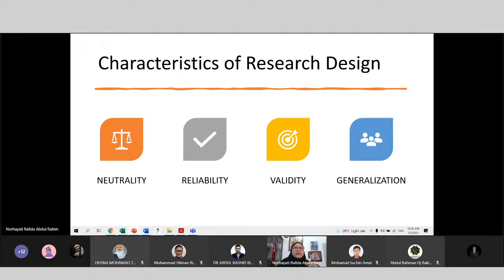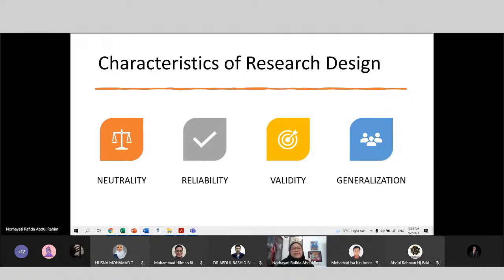And then reliability. You just put yourself as examiner. You can easily tell whether there's something wrong with the research or not. And when you look at the research design, again, the power of research design is that it's okay if you are doing qualitative or quantitative. Both need research design.